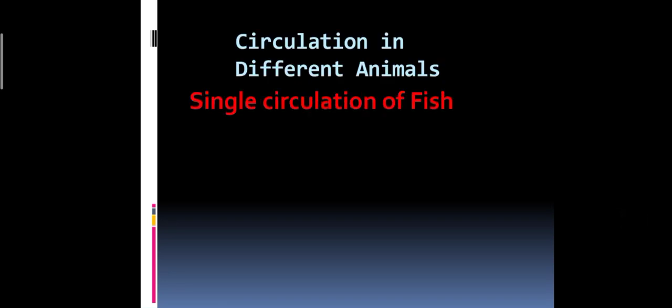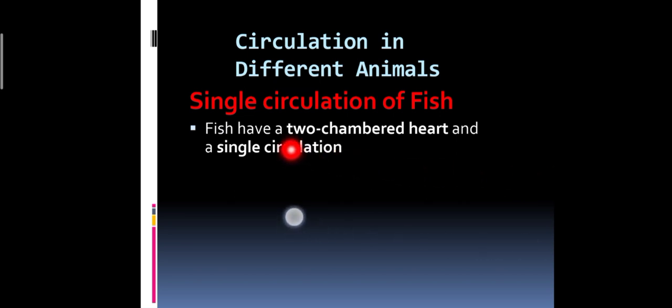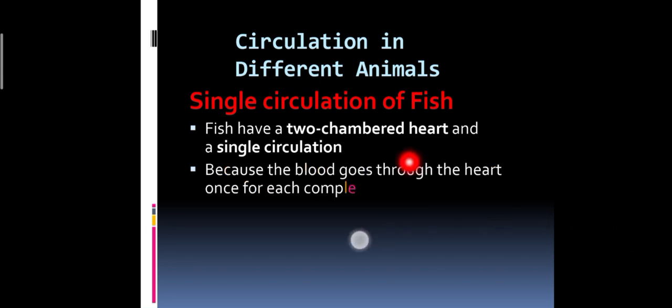Now we will discuss the circulation in different animals. Single circulation of the fish. So fish is an animal in which there is a single circulation. Fish have a two-chambered heart and a single circulation. Why is it called single circulation?